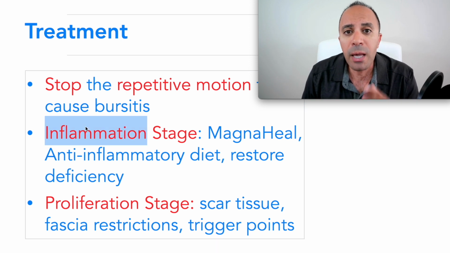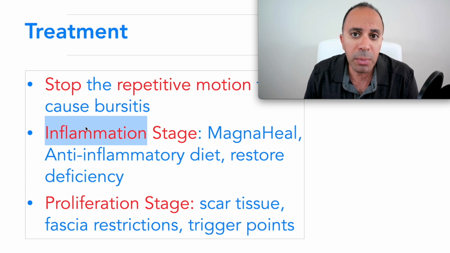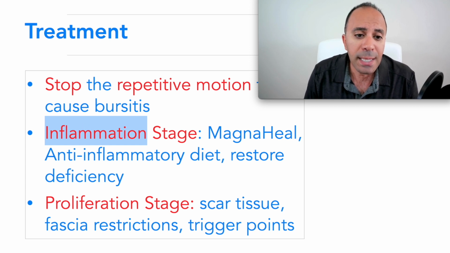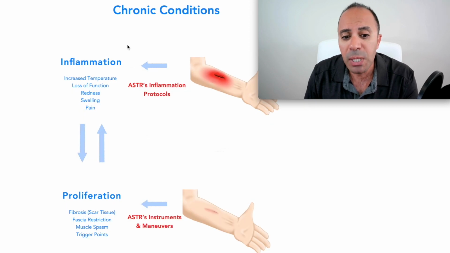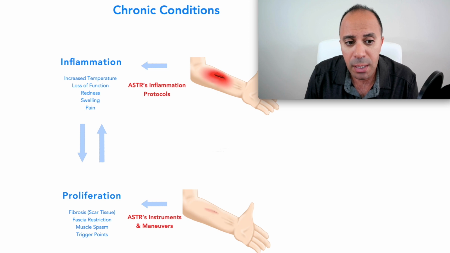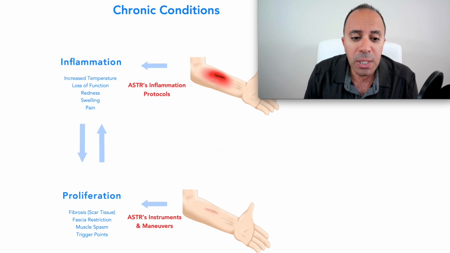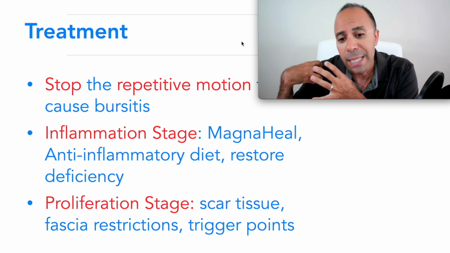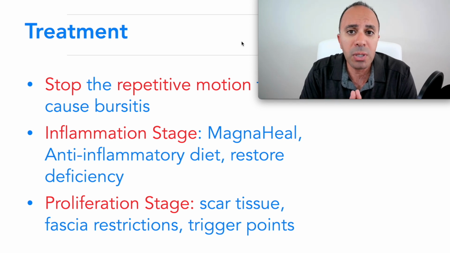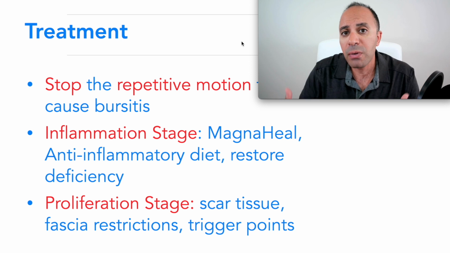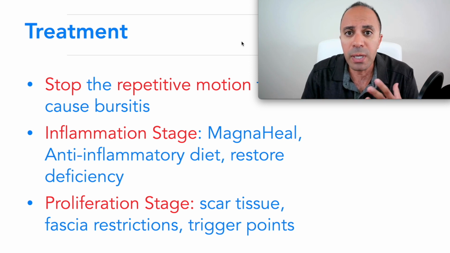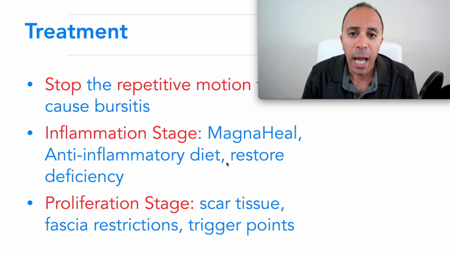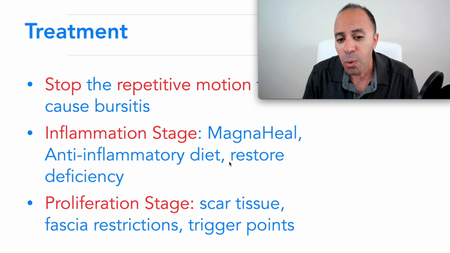The other thing, if after 7 days you still have the same issue and it has not been resolved, that's a sign that you are going back and forth between the inflammation stage and the proliferation stage. So for the inflammation stage, I use the MagnaHeal to wrap around the shoulder to decrease the inflammation, start the anti-inflammatory diet, and if severe inflammation, we usually try to figure out if you have deficiency in vitamins, minerals, or hormonal imbalance.